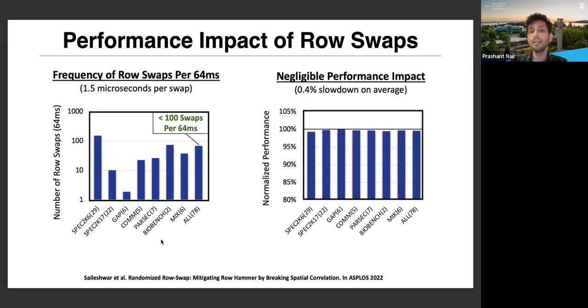On the right-hand side, the y-axis represents normalized performance, and the x-axis represents several workloads. On average, we see only a 0.4% slowdown. This means that the overheads of randomized RowSwap are very low, and it also does not require internal information about the DRAM.